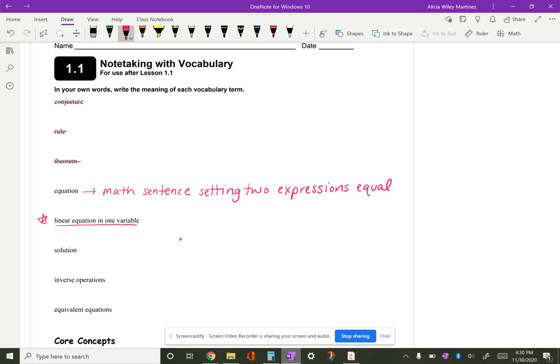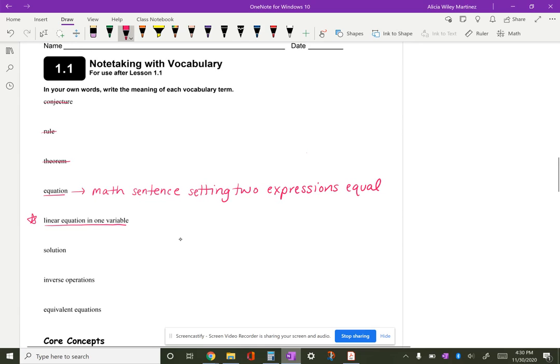Remember that an expression itself has no equal sign, but an equation will take two of those expressions and set them equal. So it could be like I have an expression like this, and then I have an expression like this, and I set them equal to make an equation. So this and this are the expressions. Setting them equal makes it an equation.